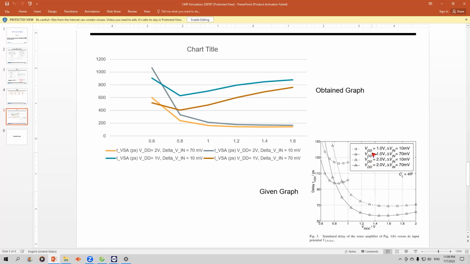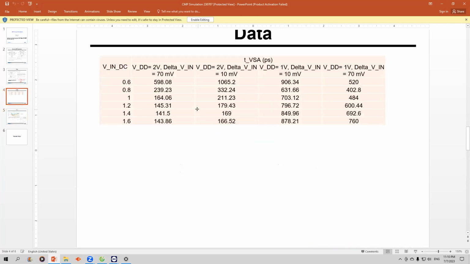You can go to the previous slide. Actually, you can see the data there, the values I got. So what I did here, my simulation is this one. Yes, this is the value you actually gave.